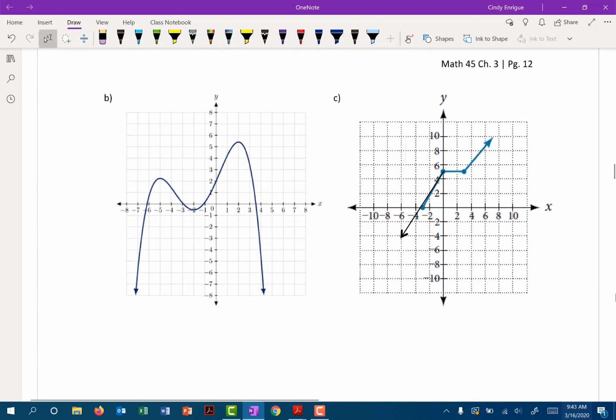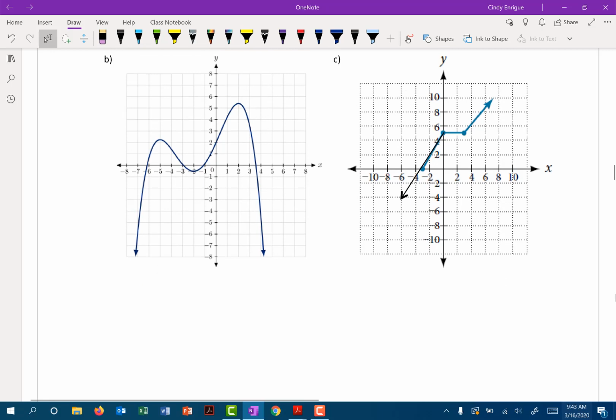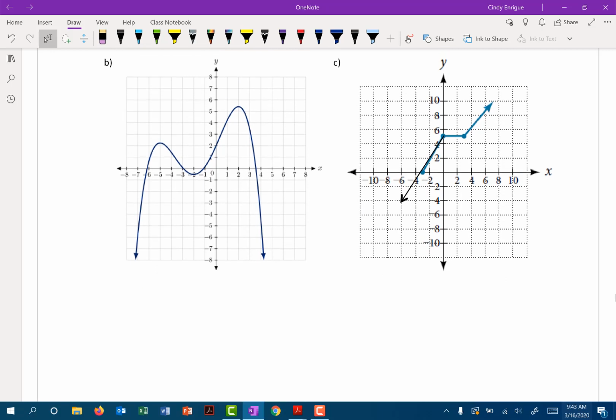So we're going to keep analyzing some of these graphs. I'm looking at the graphs and we want to know where it's going to be decreasing. Well, this slope goes up. Here it starts to go down. That's negative. And this is also going to be negative.